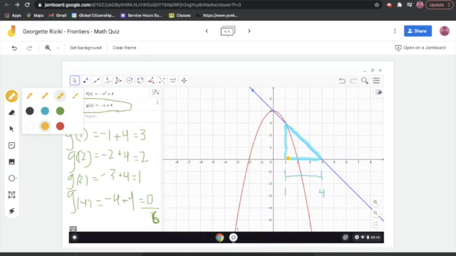So we start off at 1, which is right here, and that's 3. Then for 2, we have it at 2 right here.